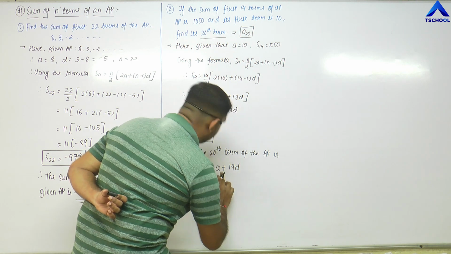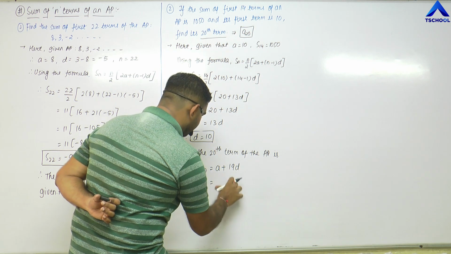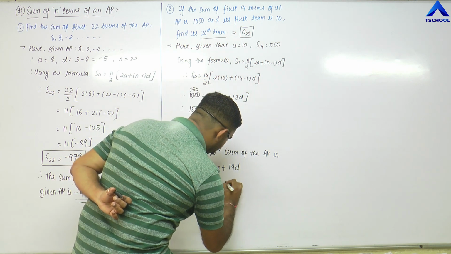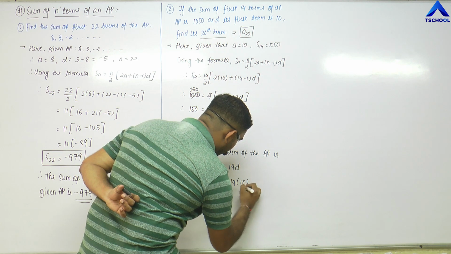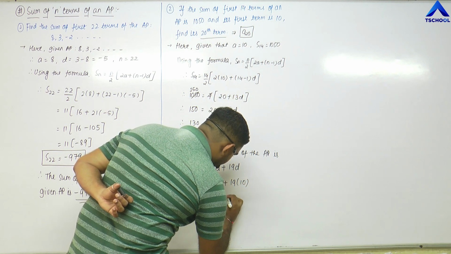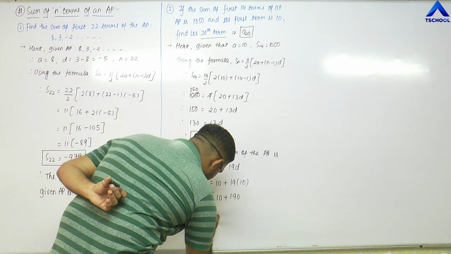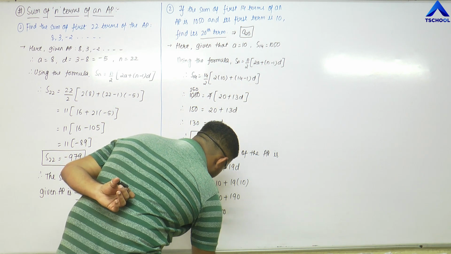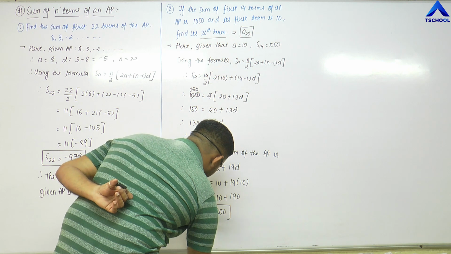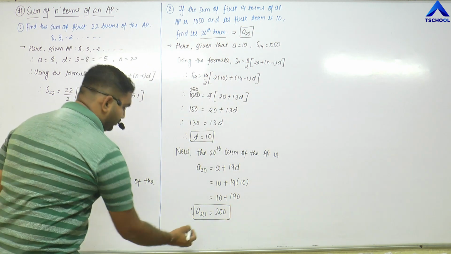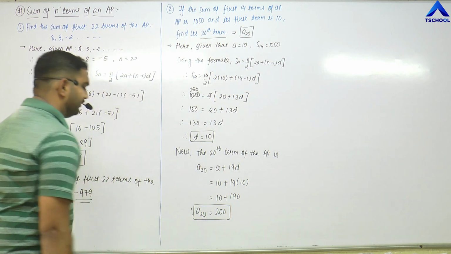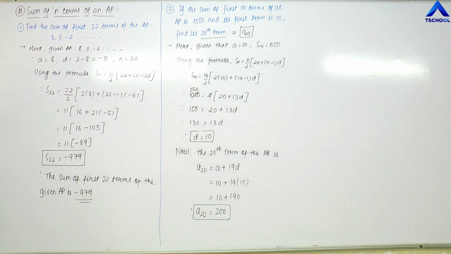The first term is 10, plus 19 into 10, that is 10 plus 190, and hence the 20th term is 200. So we got the 20th term of the AP that is given to us, which equals 200. So friends, this is how this kind of sums are solved.